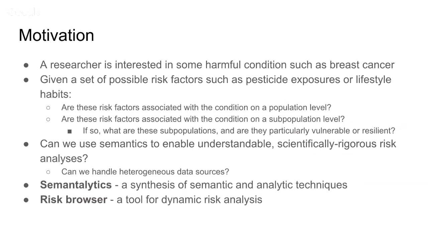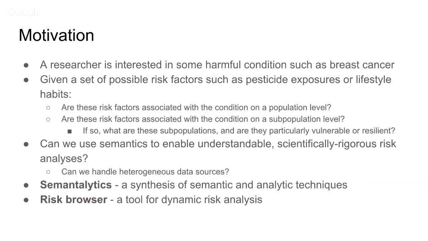Then you can break that down into two cases. Either you know what these subpopulations are ahead of time through some sort of domain knowledge, or you want to use the data to discover them. This is a pretty broad set of questions, it has a decent number of applications, and it's useful.